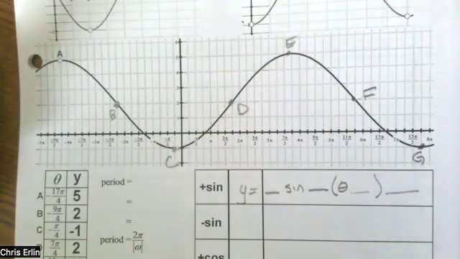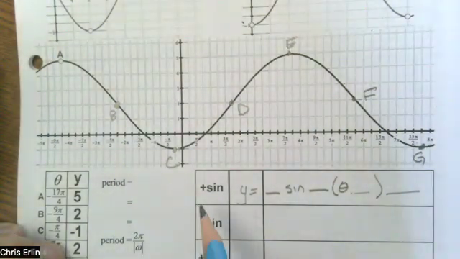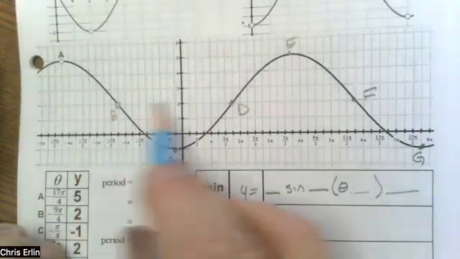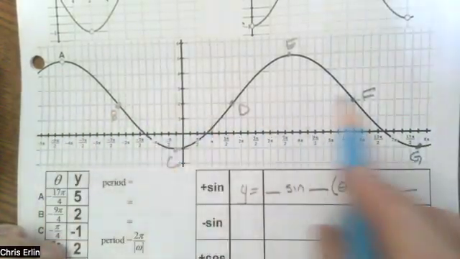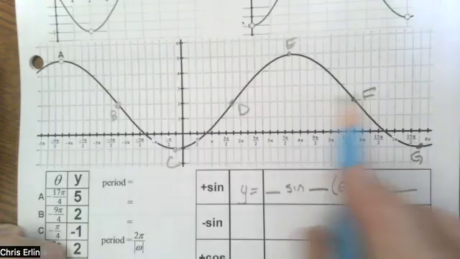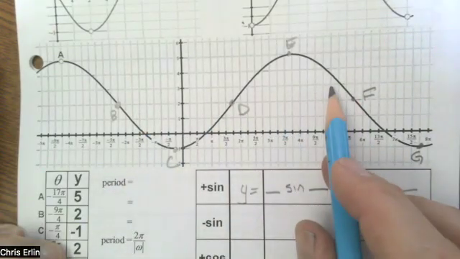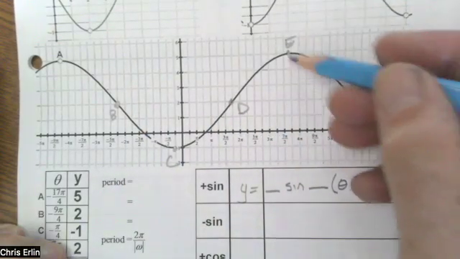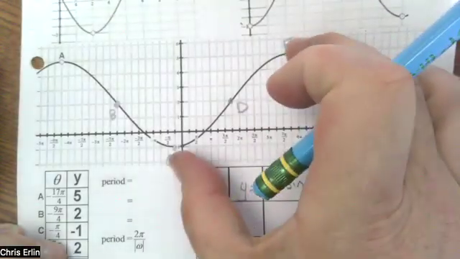So who'd like to share with me what the midline is? What do you got? What's the midline? 2. How'd you know 2? BG and F are all at 2. That's one way to know. Does anybody have a different way to find it? Close.